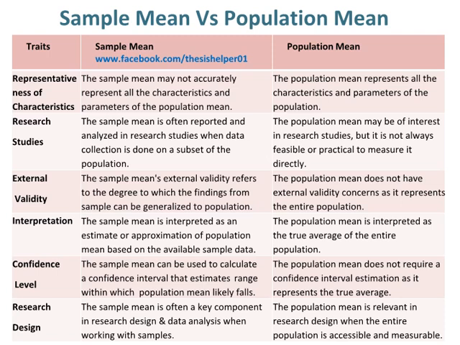Whereas, the population mean does not require confidence interval estimation as it represents the true average. The sample mean is often a key component in research design and data analysis when working with samples. Whereas, the population mean is relevant in research design when the entire population is accessible and measurable.